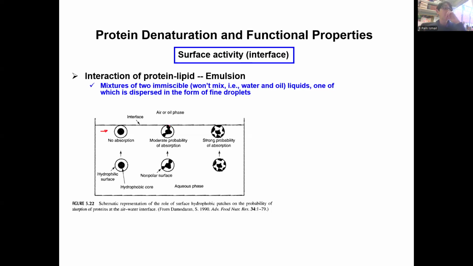And if you have a little bit of hydrophobicity, you might get some adhesion, but not that great. But if you have a balance between hydrophobic and hydrophilic groups at the surface, that's why denaturation of the protein enhances emulsification, then you get adsorption at the interface.